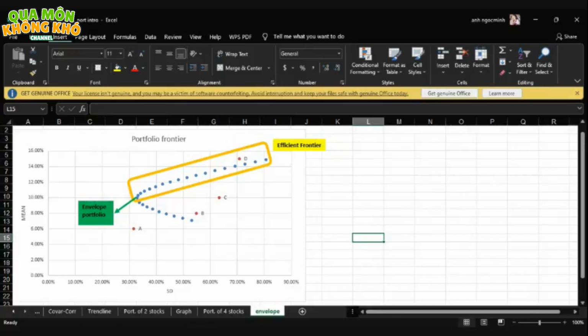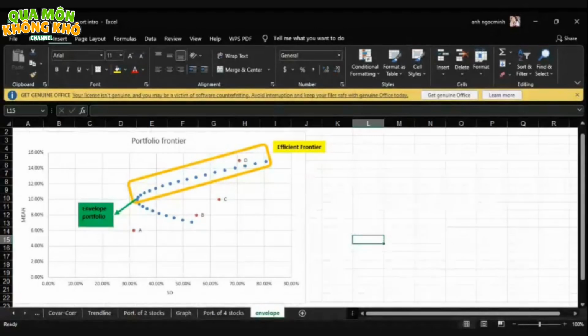The efficient portfolio is the portfolio that has the minimum standard deviation or minimum variance for a given return, or the maximum return for a given standard deviation. That is the best portfolio you can get. When you combine those efficient portfolios, you have the efficient frontier.